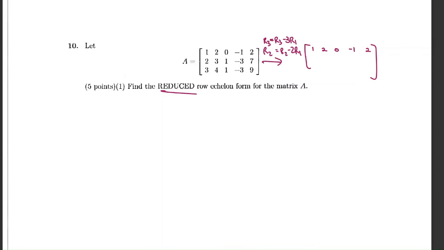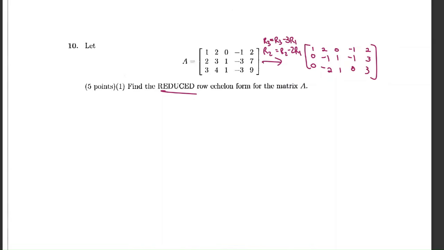And then this will be 0, negative 1, 1, negative 1, 3, and then the bottom will be 0, negative 2, 1, 0, and 3.